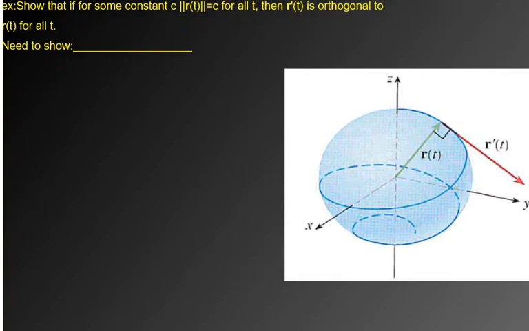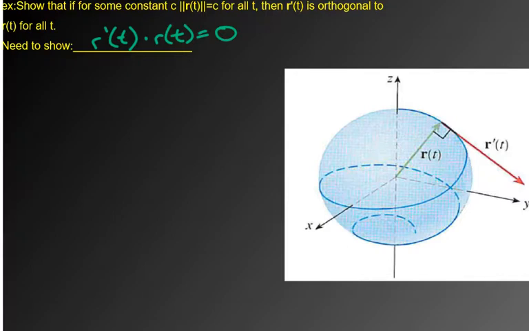And so really the way we can do this is that we can just show r prime of t dotted with r of t would be 0. That's what it means to be perpendicular, right? So basically you need to somehow get a dot product into the problem and then take a derivative of it, and you'll arrive at that statement right there.